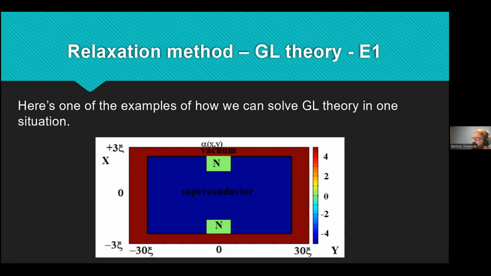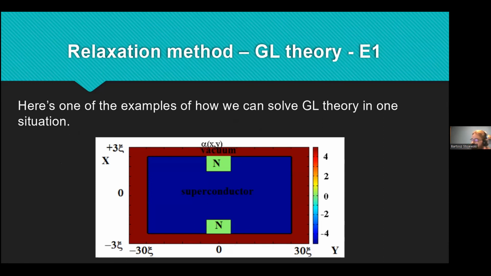Here's one of the examples of how we can solve Ginzburg-Landau theory in one situation. We continue the study of an unconventional Josephson junction, where we place a non-superconducting element on top of the superconductor slab. This time, the non-superconductor strip is placed inside the superconductor.